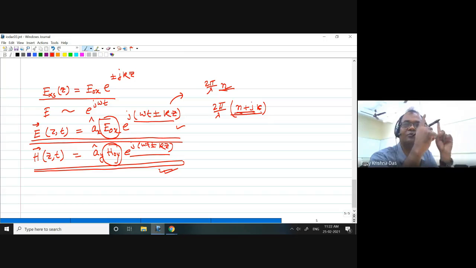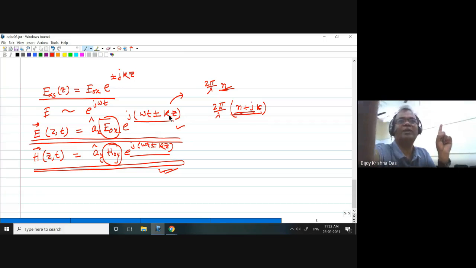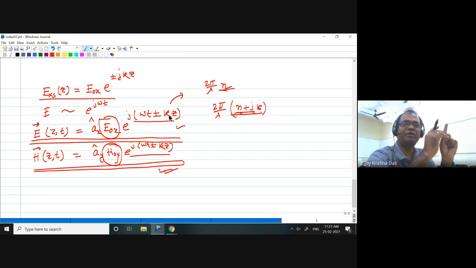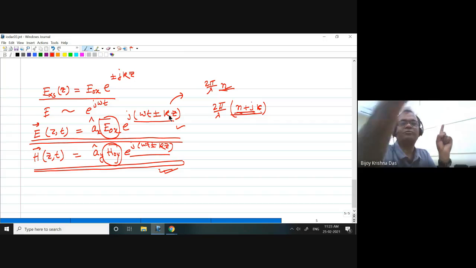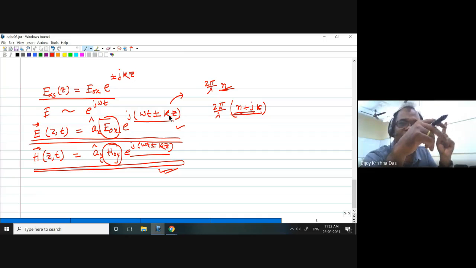You are just considering two instants of time and corresponding two positions where you see the phase is identical. That means I am just looking at where and when identical phase is occurring. This occurs because of the traveling nature of the wave. So you try to find z2 minus z1 by t2 minus t1, that means traveling distance divided by time.